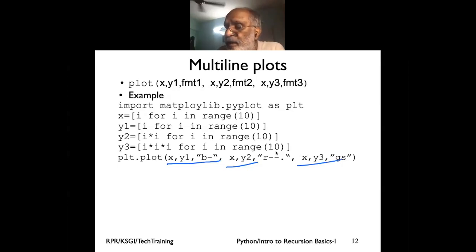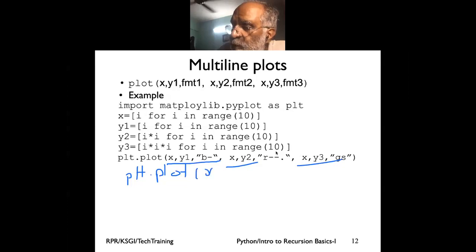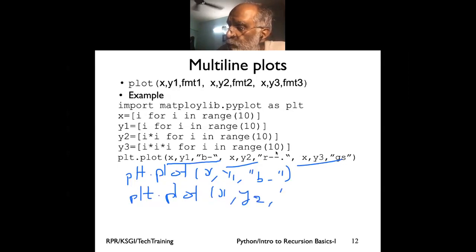Rather than writing it in a single statement, I can also say plt.plot x comma y1 comma b dash. Then I can say plt.plot x comma y2 comma r dash dash.